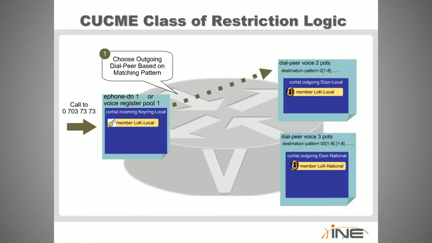Okay, first, and very important that we understand this concept before class of restriction is ever taken into account, just like in the very same way before voice translation rules or any digit manipulation on an outbound dial peer is ever taken into account, or for that matter, anything on the outbound dial peer is ever taken into account, class of restriction or otherwise, the very first thing we do is we choose an outgoing dial peer based on a matching pattern.